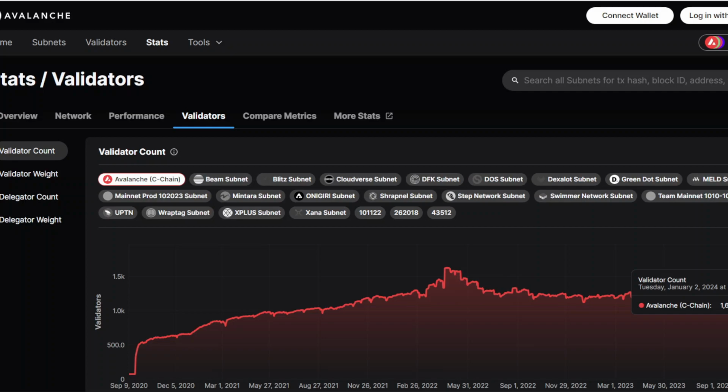Those are people who have said, I have this amount of tokens, and I'm going to send them to be staked, or I'm going to send my hardware to do some work and be a validator while also staking. And from there, I will help validate transactions performed with Avalanche tokens. That's what the validators are.